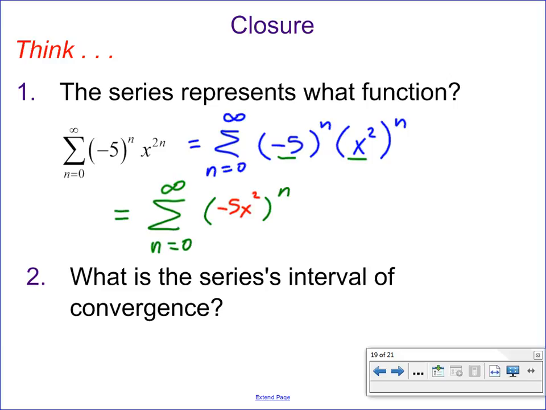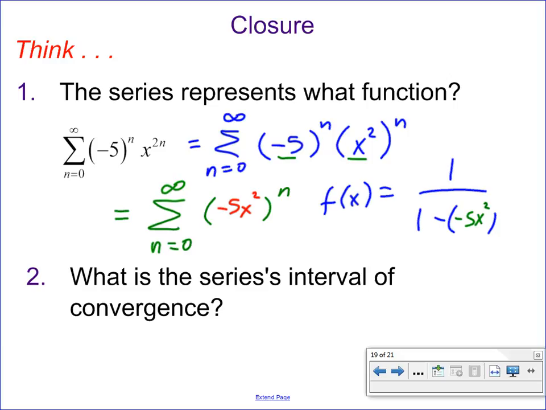Yes. f of x would be given by the first term, 1 over 1 minus negative 5x squared. And that would be written as 1 over 5x squared plus 1. Yes? Raise your hand if you got that already.